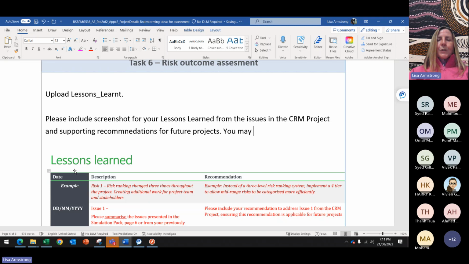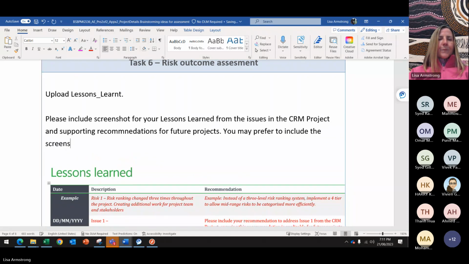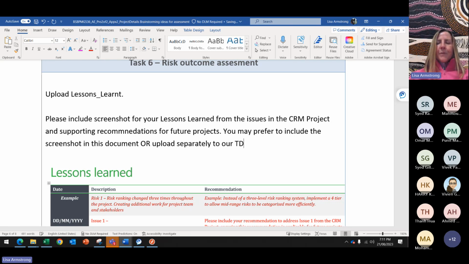You may prefer to include the screenshot in this document, or upload separately to our TDC. So it's up to you. I don't mind, whichever you prefer.